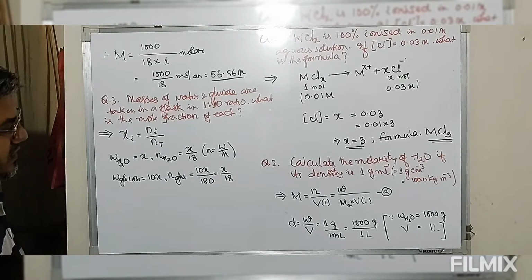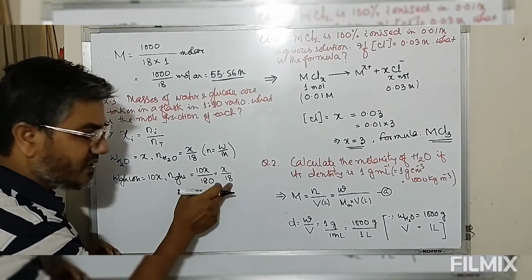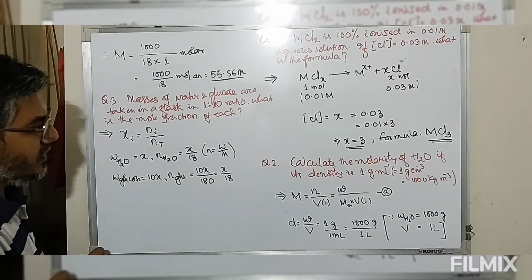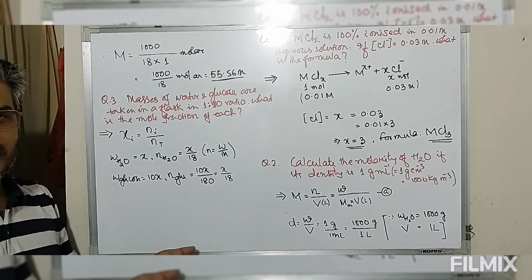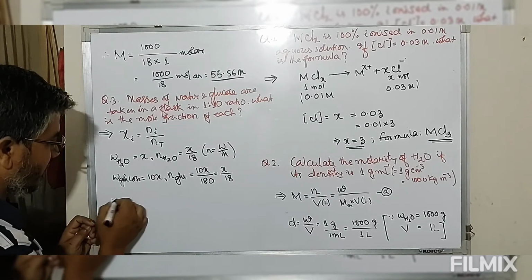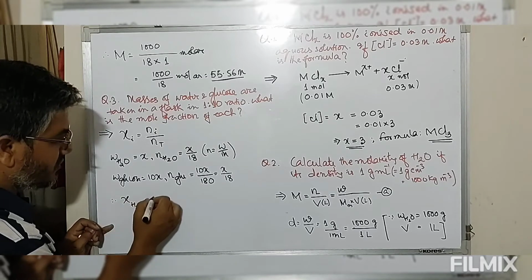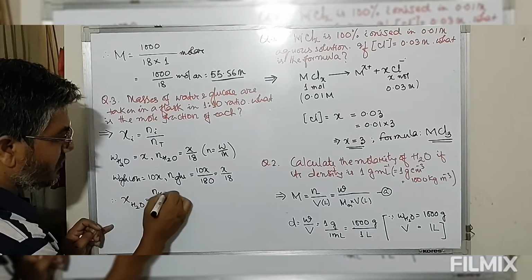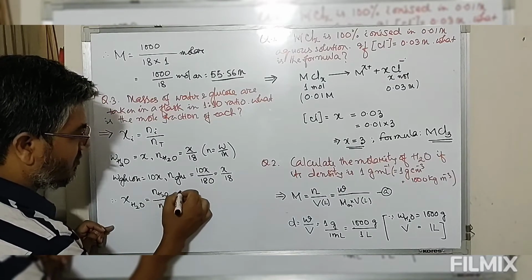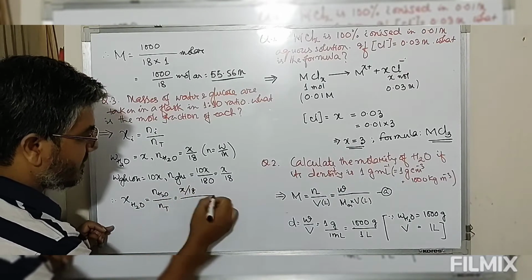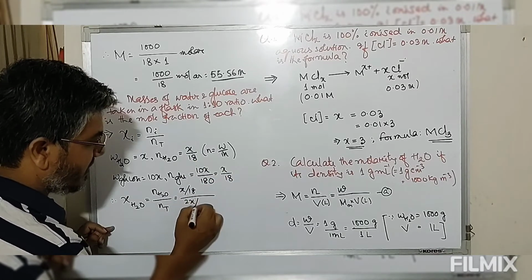Now look at this. The number of moles of water and the number of moles of glucose are the same. So if the number of moles are the same, then the mole fraction will also be the same. Therefore, mole fraction of water is number of moles of water divided by total number of moles. Number of moles of water is x by 18, divided by x by 18 plus x by 18, that is twice x by 18.